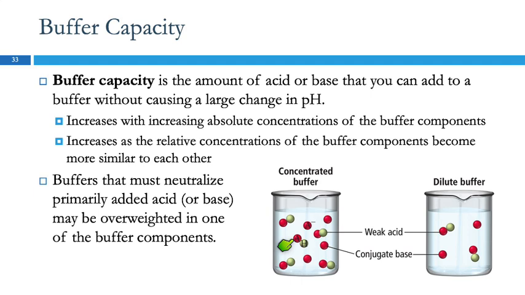So here we have an illustration of a concentrated buffer and a dilute buffer. Here we've got just a few particles that are able to neutralize something. In the concentrated buffer, we have more, and so this will have a larger capacity. Any questions? Yeah.